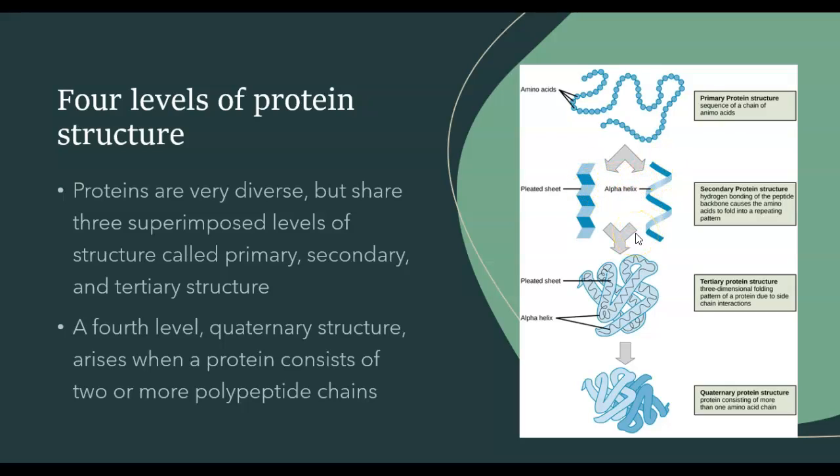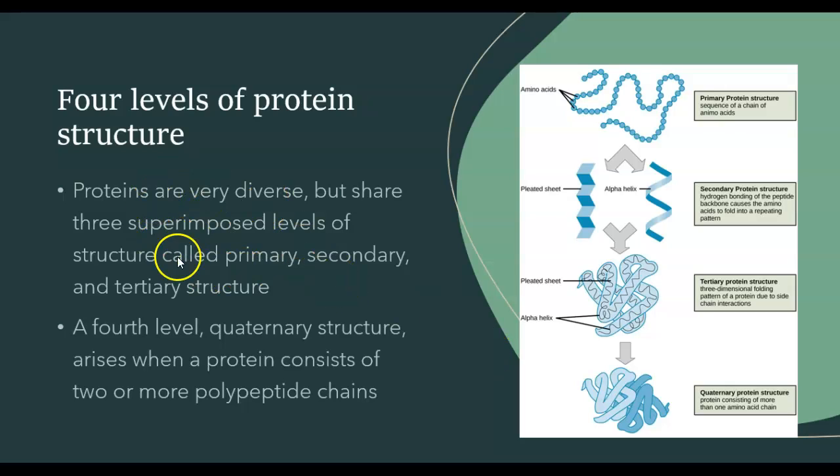And they have a tertiary structure that has to do with the three-dimensional folding related to the interactions of those side chains with the environment that they live in and with each other. Some proteins also have a 4th level of structure, which is called quaternary, that comes when you have a protein made up of 2 or more polypeptide chains.